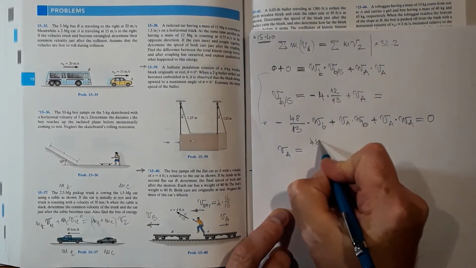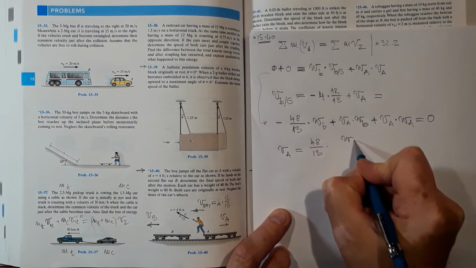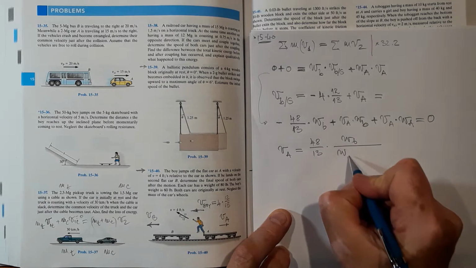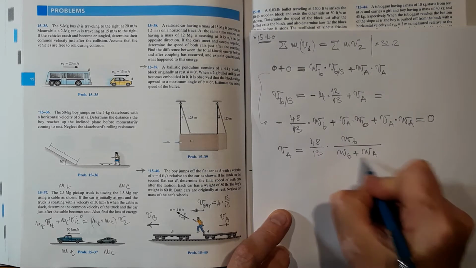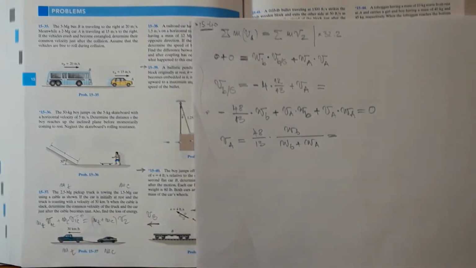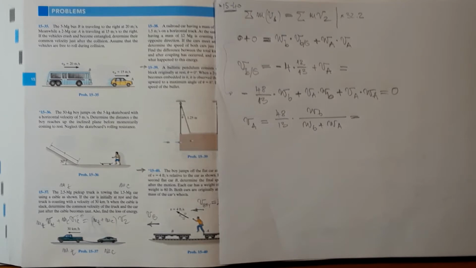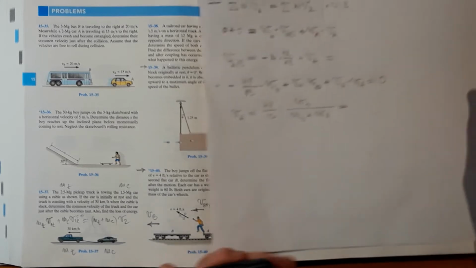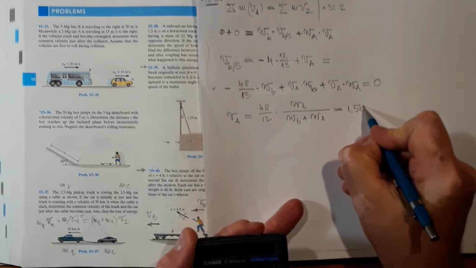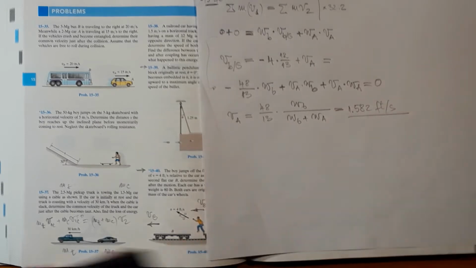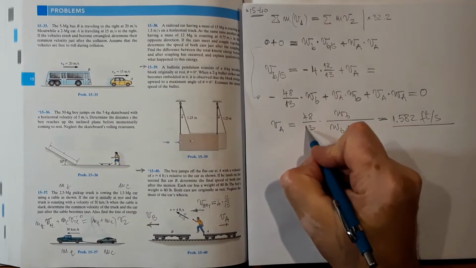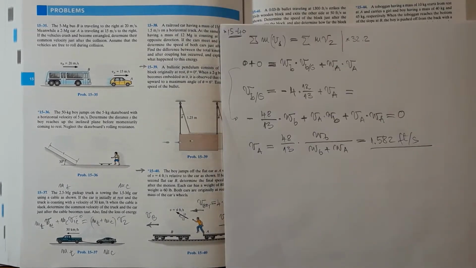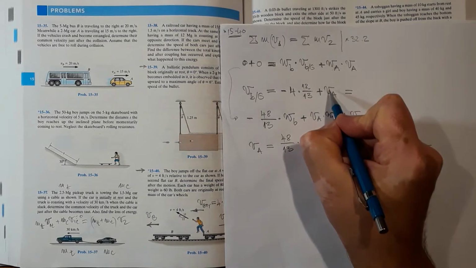So 48 over 13 times the boy's 60 pounds over 60 plus 80, equals 1.582 feet per second. This is the velocity of the cart.